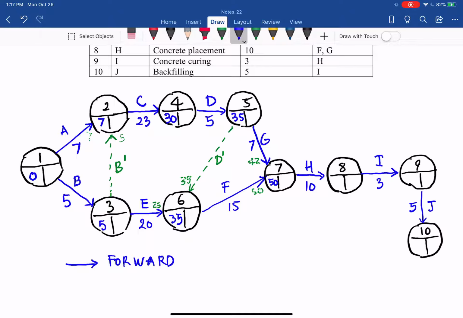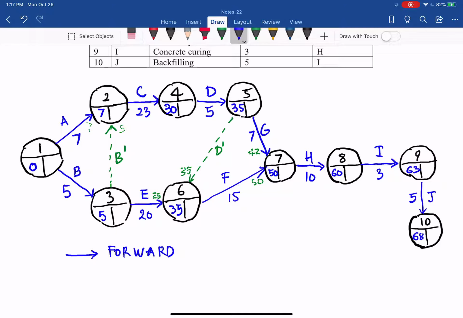Now 50 plus 10 for H is 60, 60 plus 3 is 63, and 63 plus 5 gives 68. So that's 68 days to complete this project. And now we go to the backward pass.